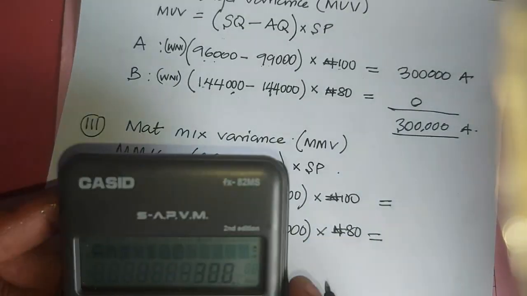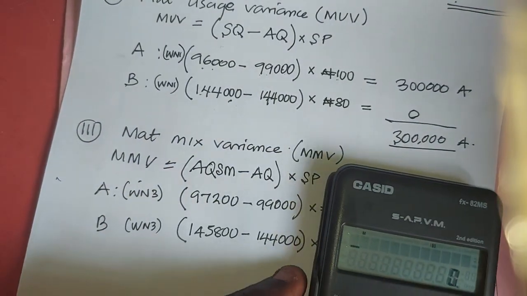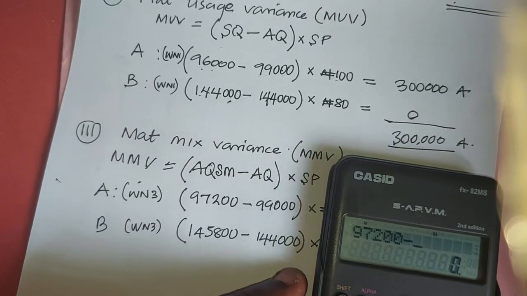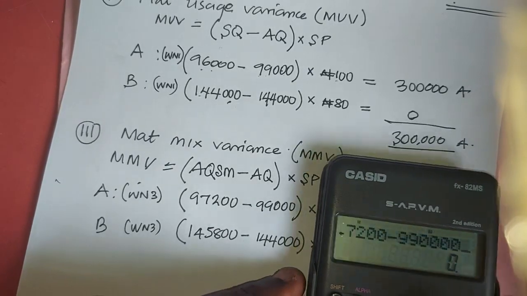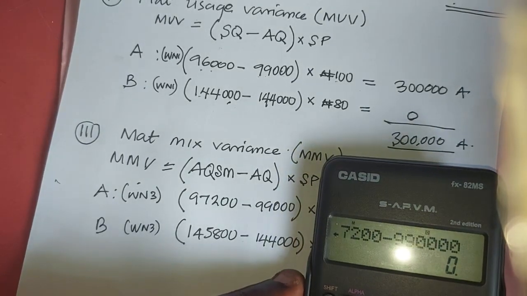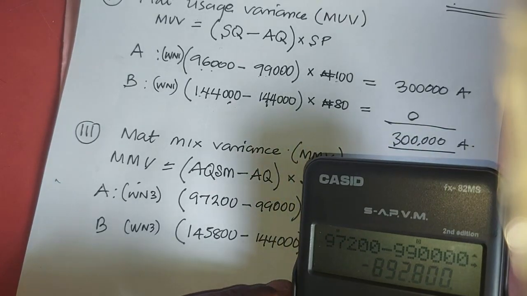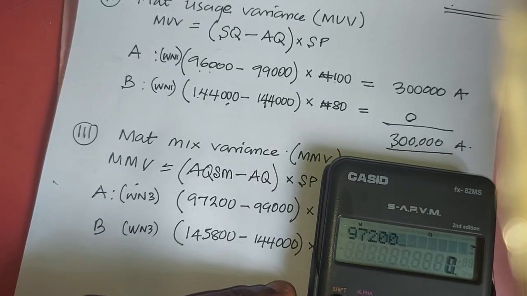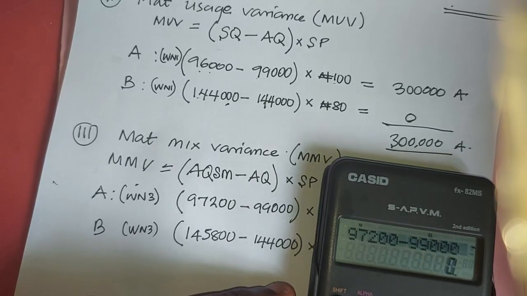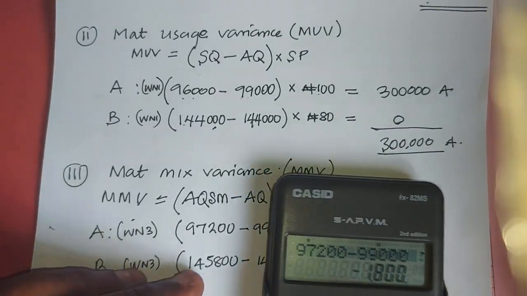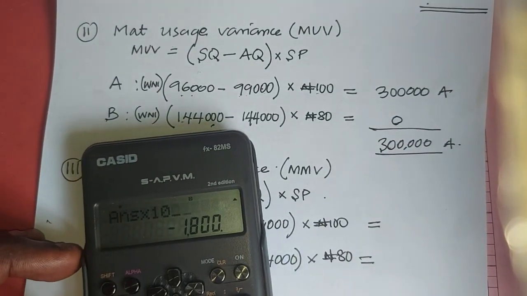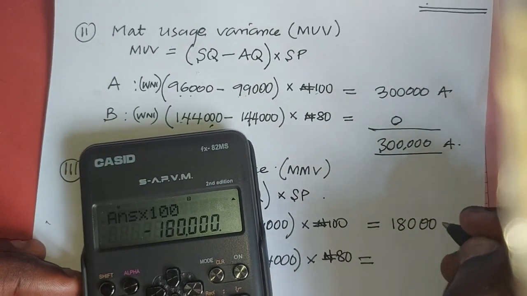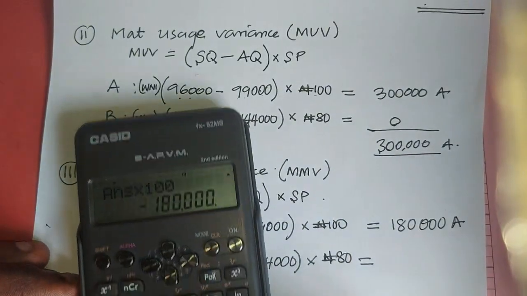So when you manipulate this, what do we have? Then you pick your calculator. We have 97,200 minus 99,000. That is minus 180 times 100. That is a negative 180,000. That is adverse.